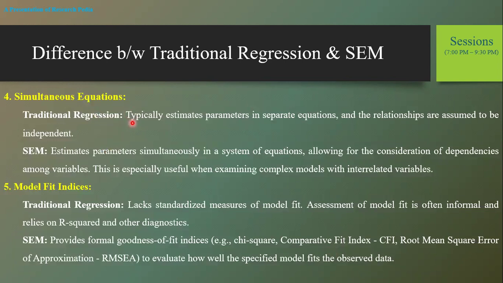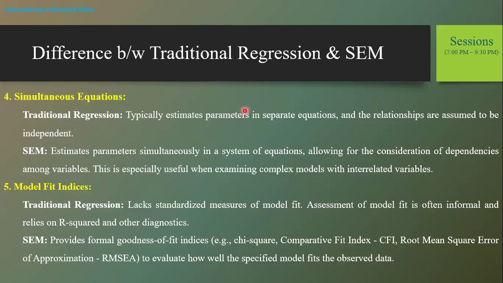Then we may have the formation of equations in simultaneous equation form. The traditional regression typically estimates parameters in separate equations, and the relationships are assumed to be independent. While in case of SEM, it estimates parameters simultaneously in a system of equations. So as I have previously told you, you may have more than one dependent variable in addition to more than one independent variable. So you can simultaneously estimate your equations.